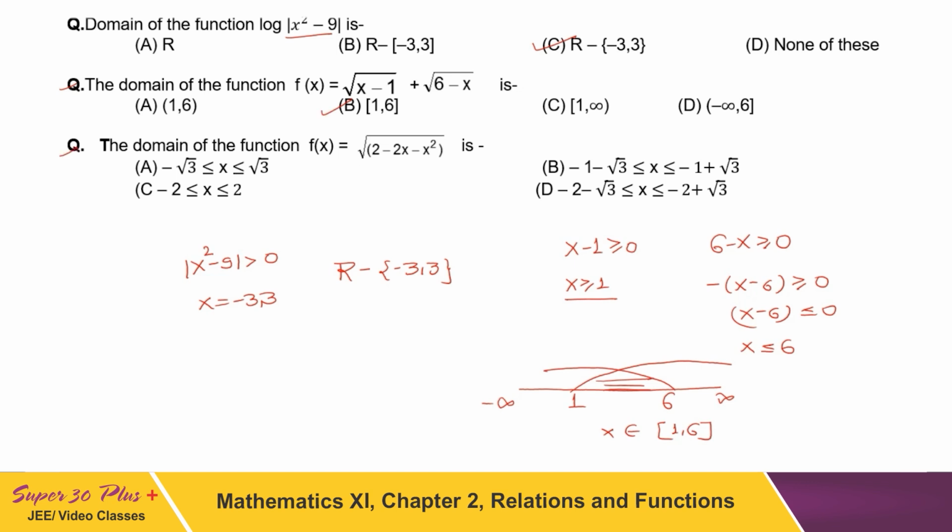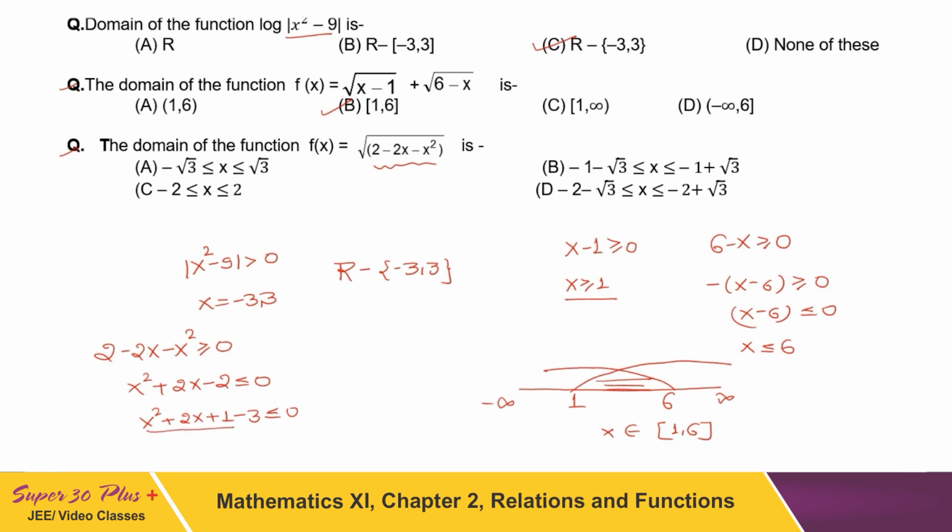Question number 3. The domain of the function. It is a function of the type within a root function, meaning 2 minus 2x minus x square should be greater than or equal to 0. Now x square plus 2x minus 2 should be less than or equal to 0. Now you can factorize it or simplify it, or make a perfect square. It is x square plus 2x plus 1 minus 3 less than or equal to 0.